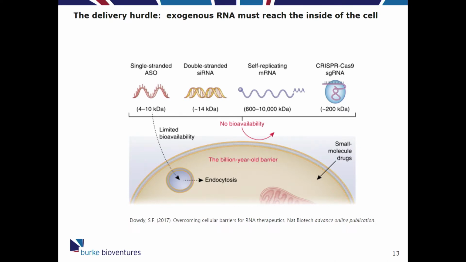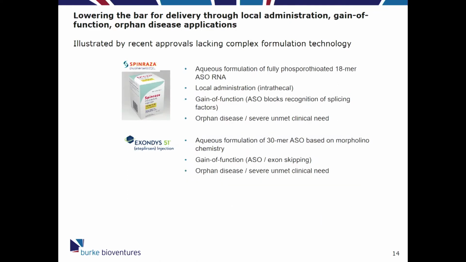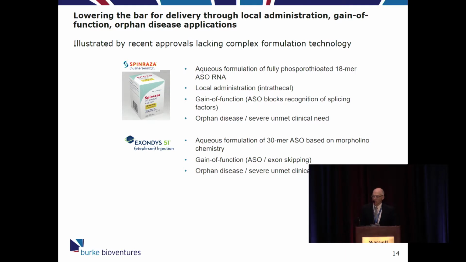And so when you look at the product history that we want to learn from, the first two products, I mentioned they were gain of function. Well, I didn't mention they were simple aqueous formulations.